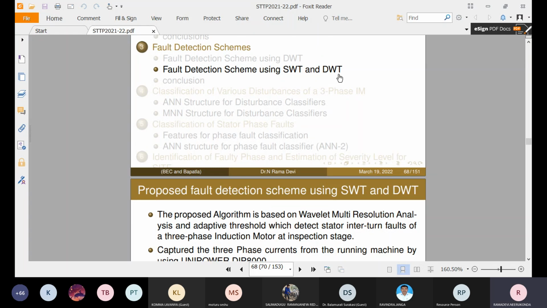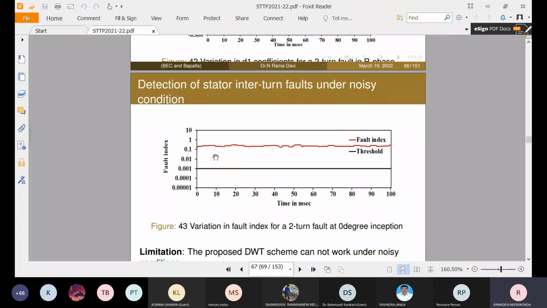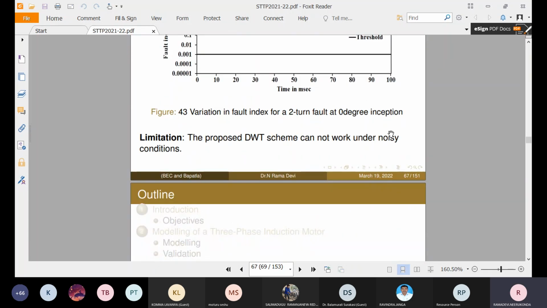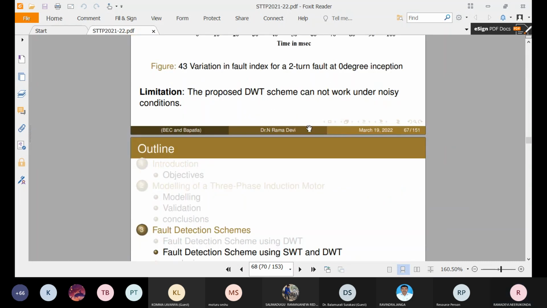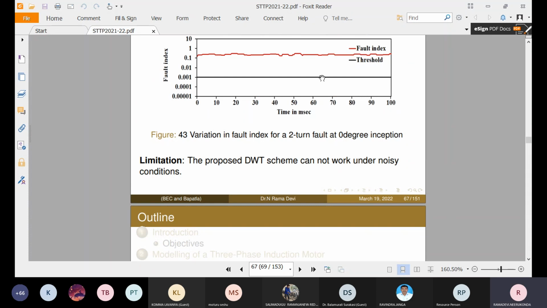Why do we need the reconstruction? In the earlier algorithm, whenever the signal had noise, the algorithm was unable to identify the fault and its instant. Even the portion before the fault was treated as a fault, but actually the fault happens after 60 milliseconds.